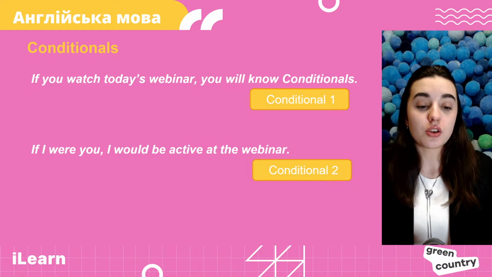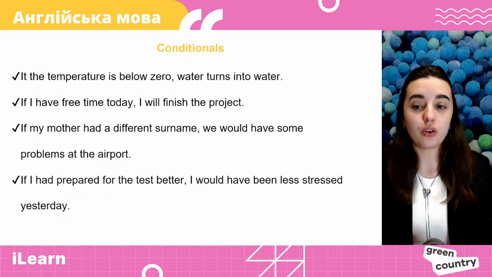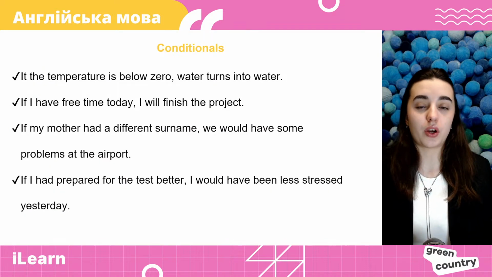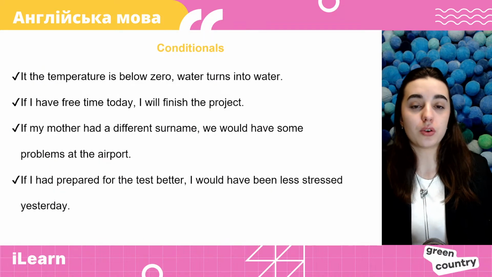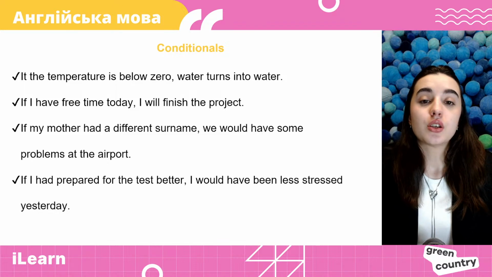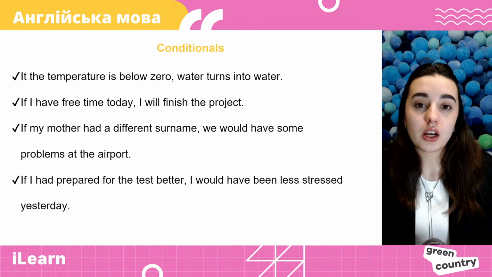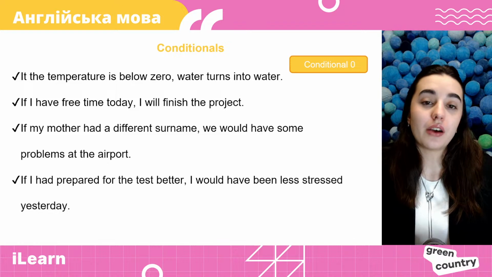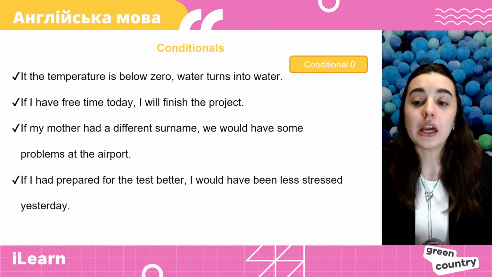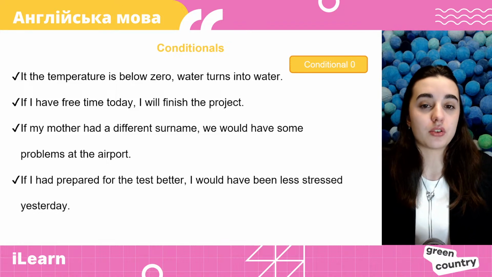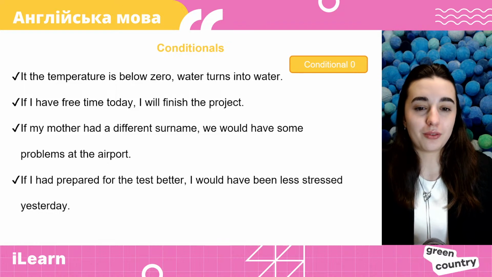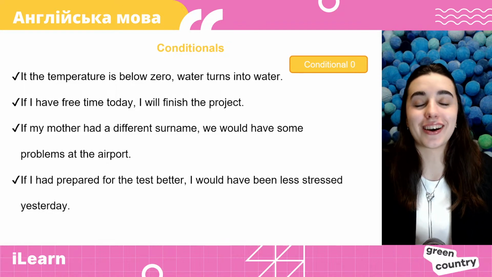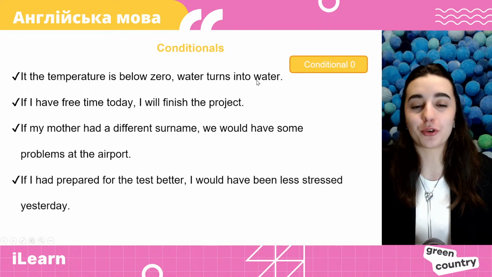Okay, so now let's quickly check all of the conditionals and what they are, why we use them, and so on. So let's start with the zero conditional, and we have a sentence here. If the temperature is below 0, water turns into ice. I have some typo here.